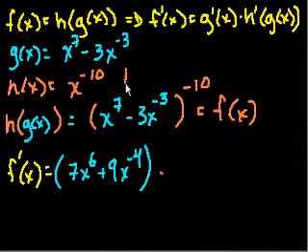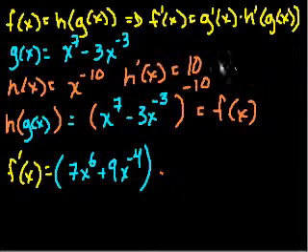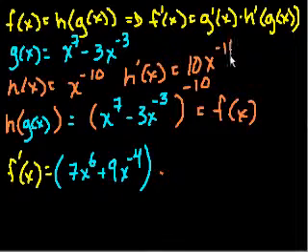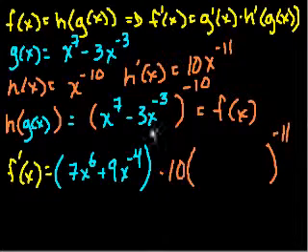Well, what's h prime of x? H prime of x is, that's easy. That's just minus 10 times x to the minus 11, right? But we want to do h prime of g of x. So instead of having an x here, we're going to substitute that x with the entire g of x expression. So this is just times minus 10 times something to the minus 11, and that something is just g of x.